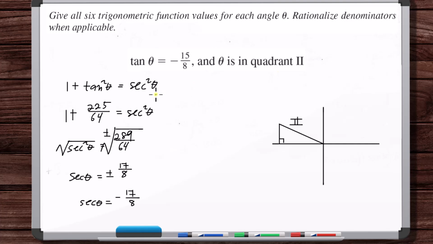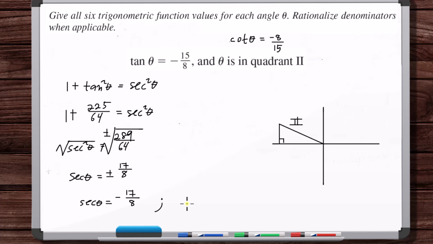Now, what else can we do? Well, we could have done this in the beginning, but cotangent is going to be minus 8 over 15. It's that easy when it comes to reciprocals, unless the reciprocal results in dividing by 0. So there we go. Now we can do the same thing here.